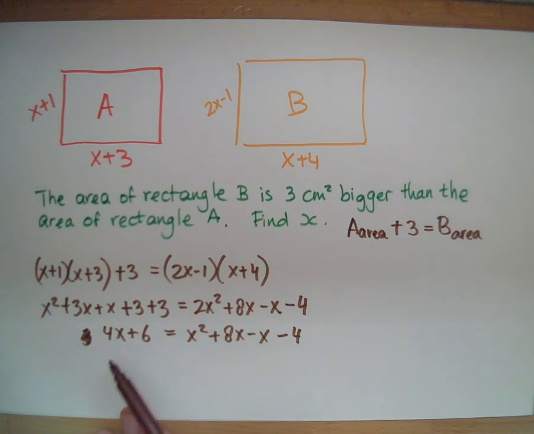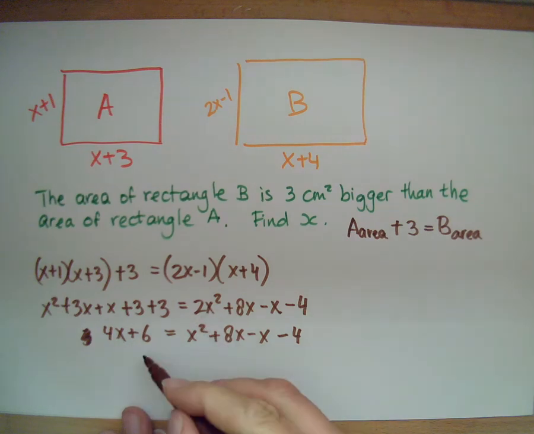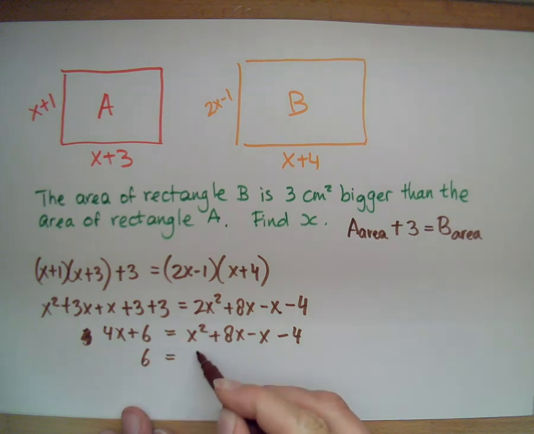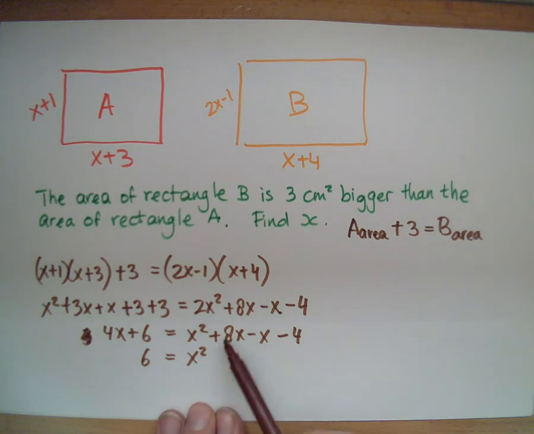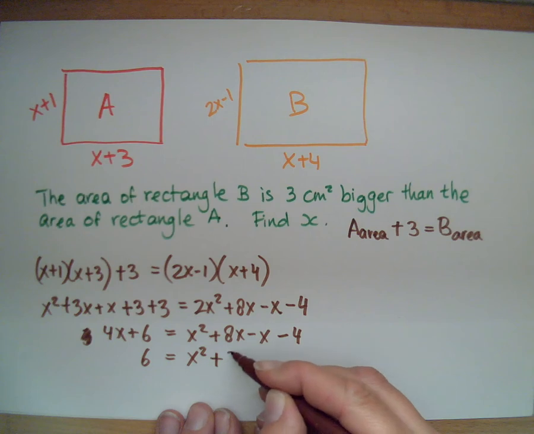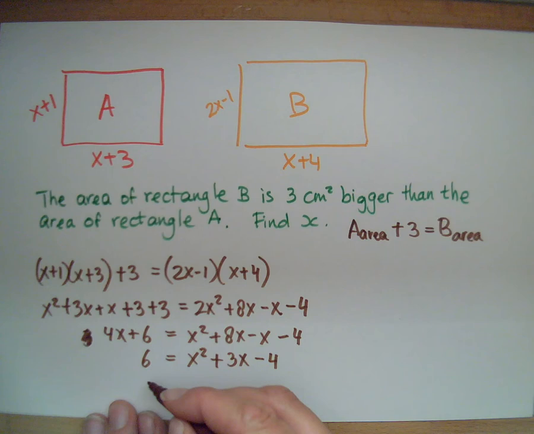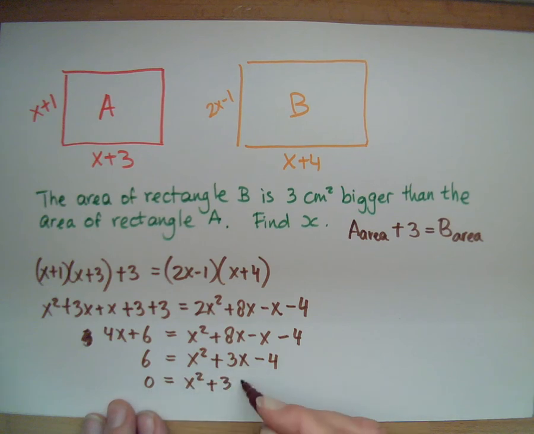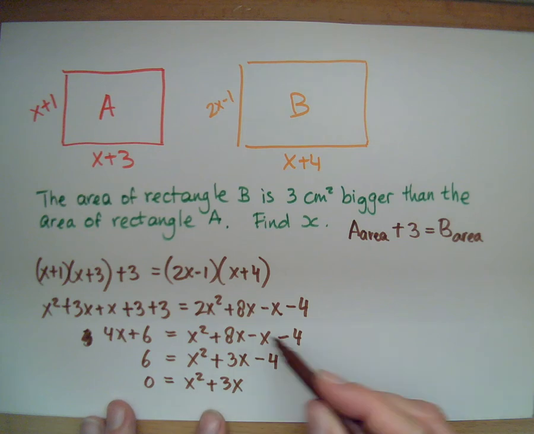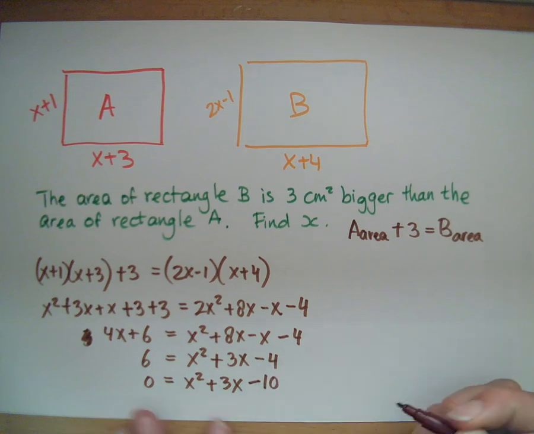I'll do that in the next step. I'm going to subtract 4x from both sides, so that I have 6 on this side. I'm also subtracting another x, so it's 8x minus 5x, minus 4. Then I'm subtracting 6 from both sides. Negative 4 minus 6 is negative 10.